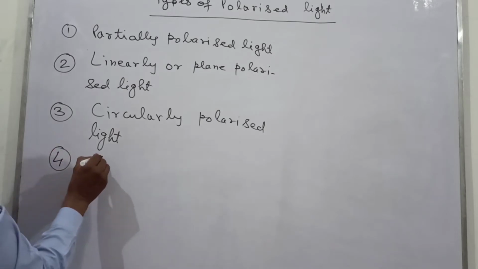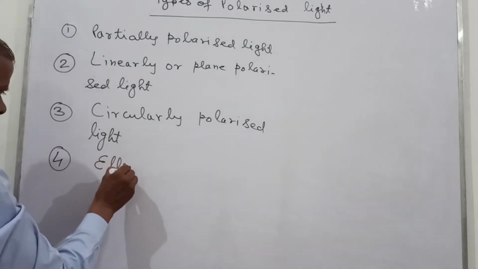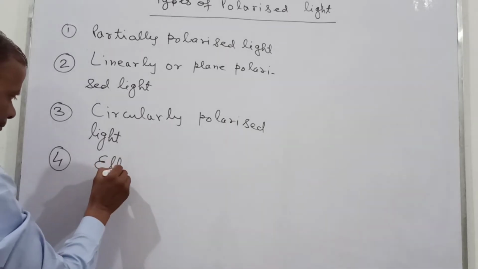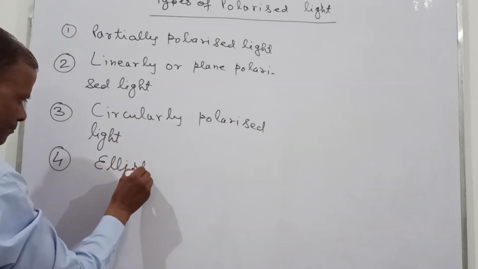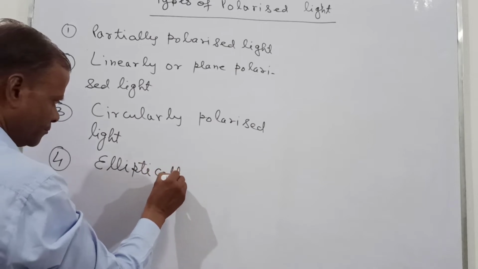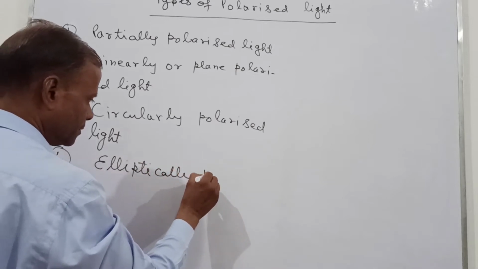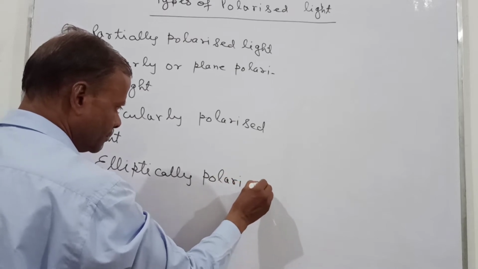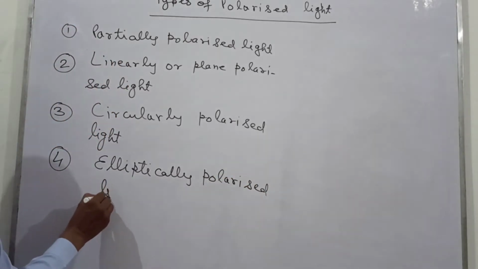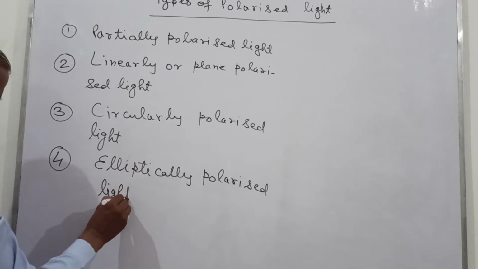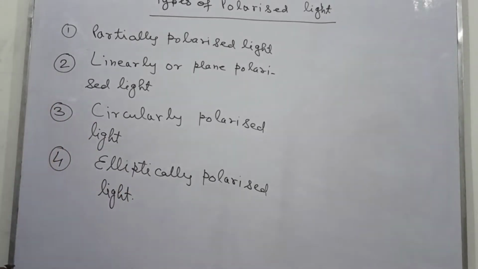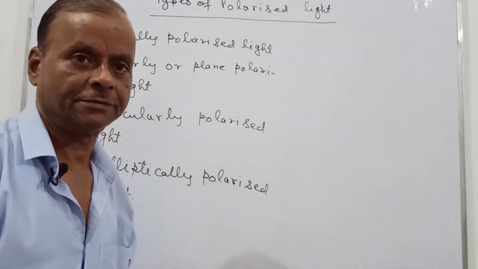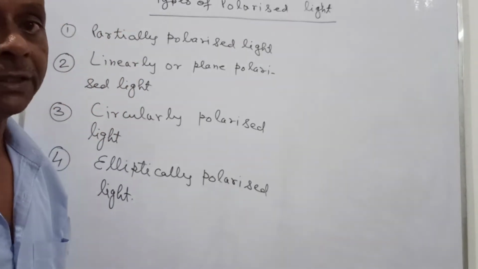Number four, elliptically polarized light. These are four kinds of the polarized light. Now I will show you by diagrams.